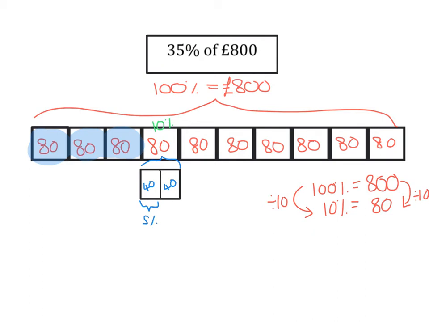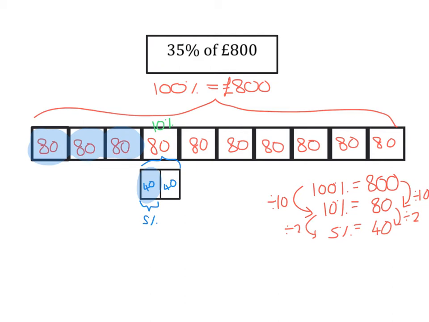If I show you what we were doing here, to get from 10% to 5%, all I did was divide by 2. So that gets me to 40. I needed to include that 40 in my calculation because altogether I want 35%.